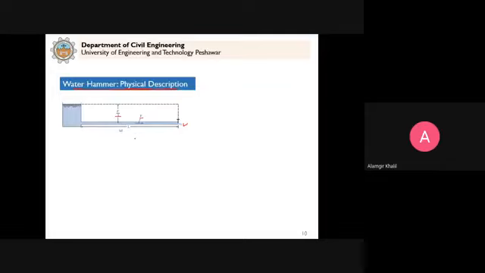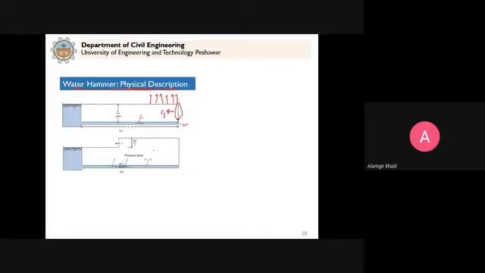Now suppose we suddenly close the valve, so we saw that the pressure here will increase. Then it will travel in the form of a pressure wave, and as it travels, it will bring all these points to the higher pressure. As this wave passes through the points, it brings all the pressure to the high value.